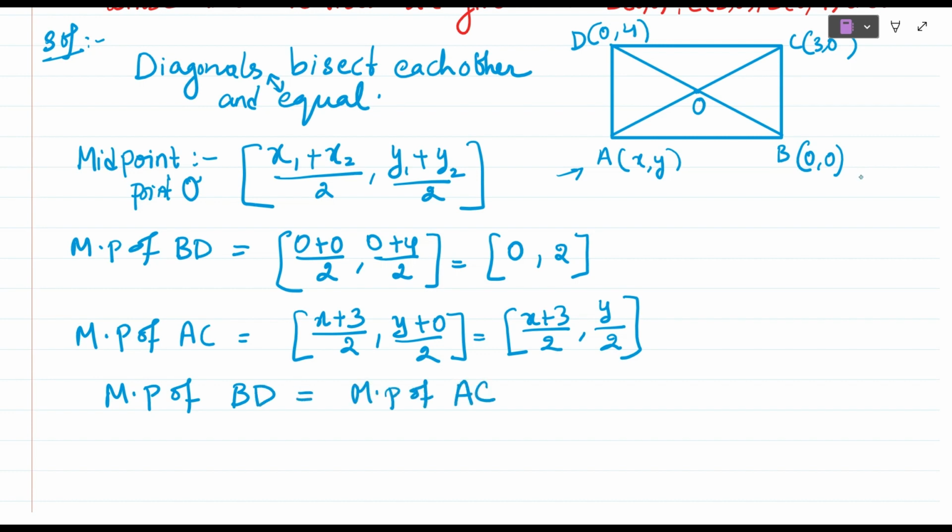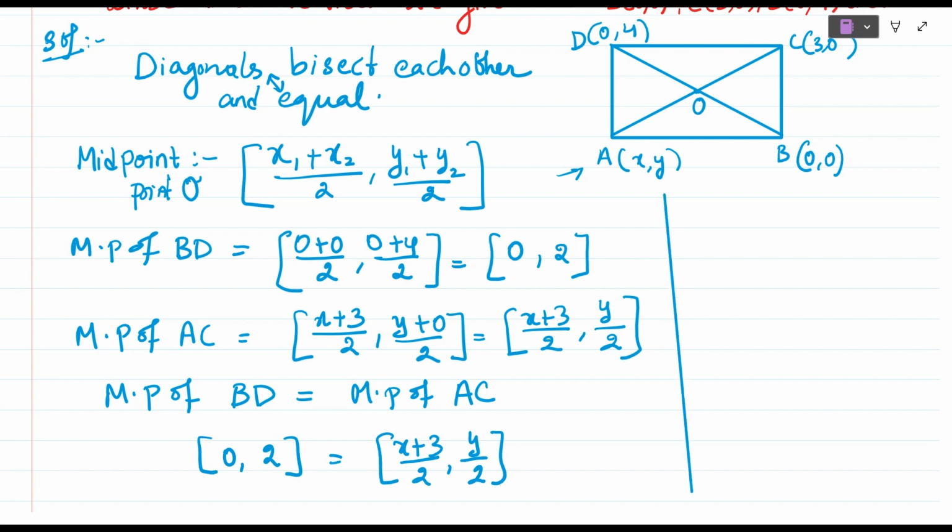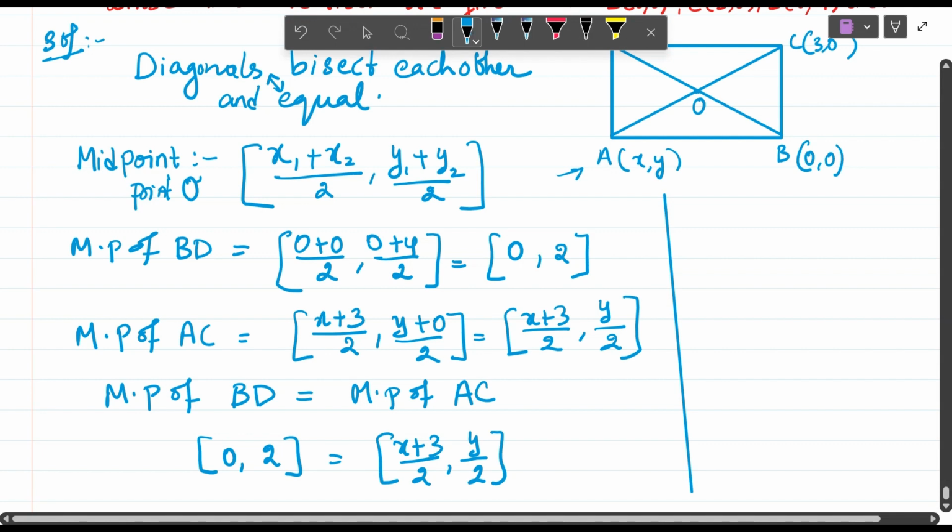Now equate, students: (0, 2) will be equal to ((x plus 3) by 2, y by 2). Clear students? Now I am going to solve. In order to get the answer, just equate the x coordinates and y coordinates.